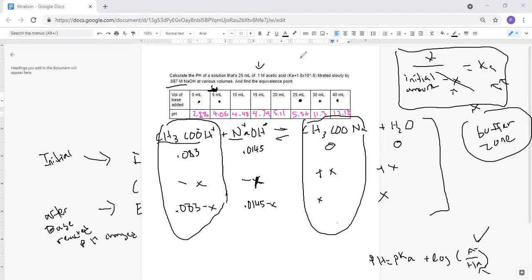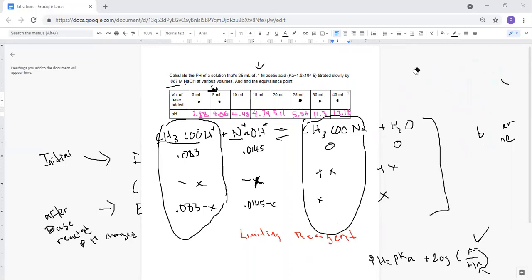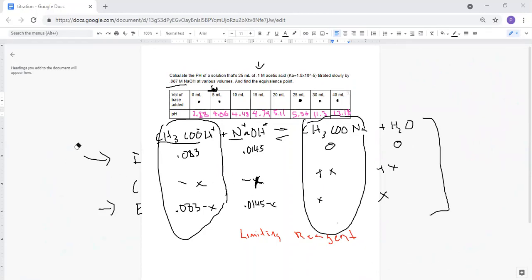And the way we know what X is is something called the limiting reagent. Limiting reagent is a simple concept.